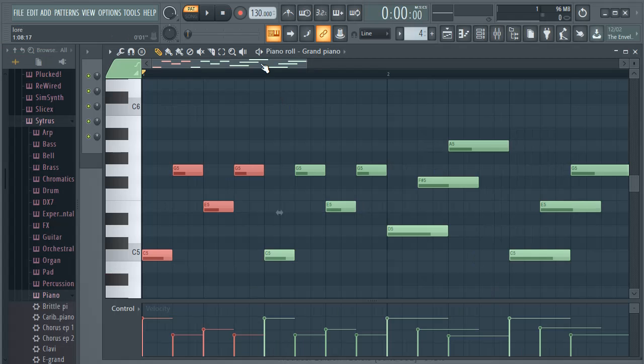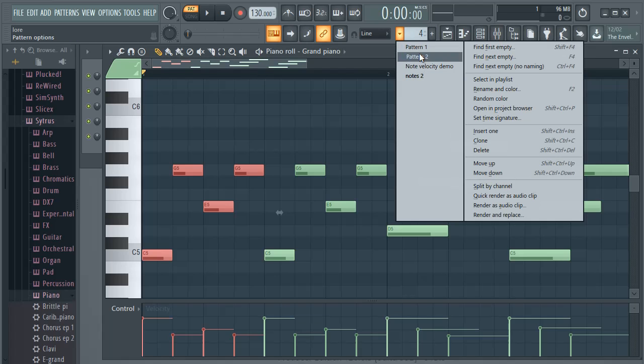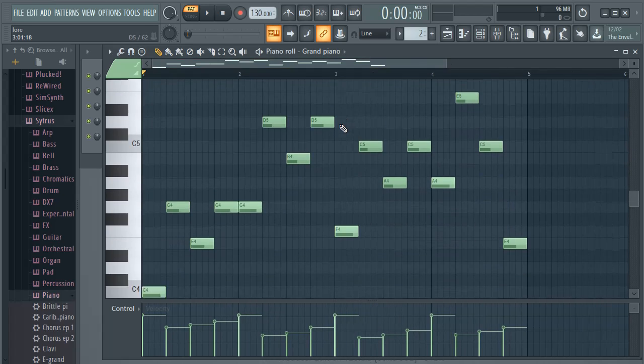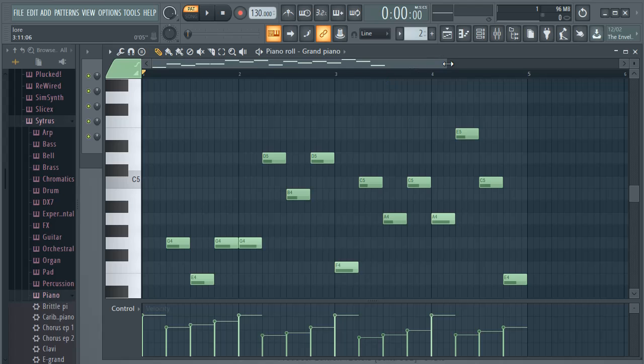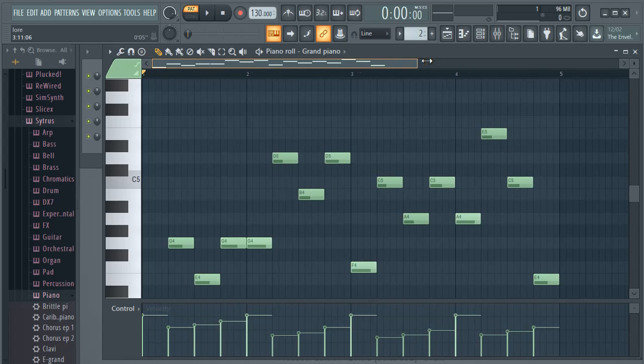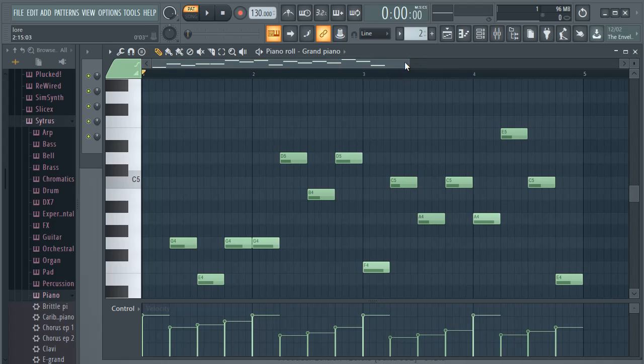And let's have a look at what I did in this pattern. Is that my Alberti bass pattern? Scroll up and down. See how I'm trying to encompass the entire music piece by stretching this scroll bar.